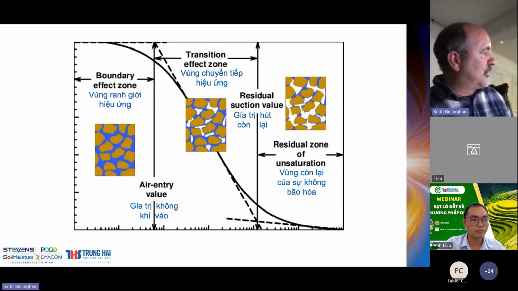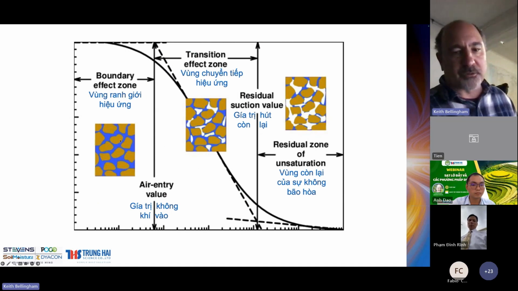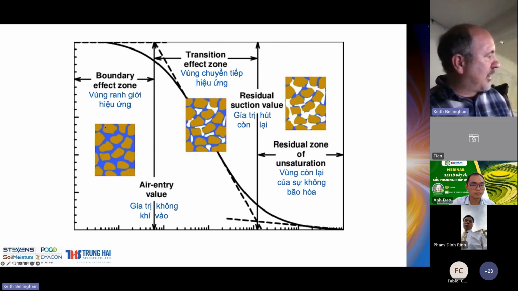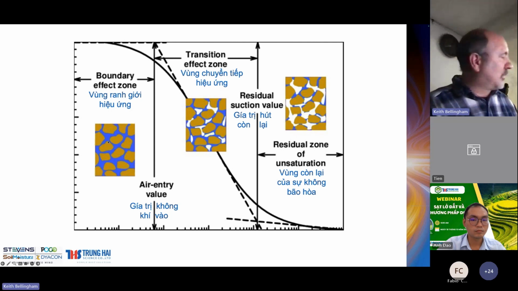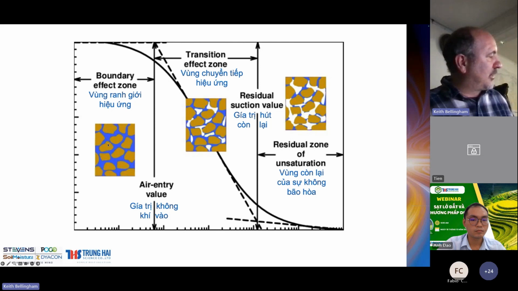And to visually look at what the soil looks like under these various parts of the soil water retention curve, we have saturation, which is where all of the particles are completely saturated. All of the void spaces are completely full of water. Then we have the variable water content, where there's air pockets of water, but all of the water in the soil is interconnected through microscopic channels of water.